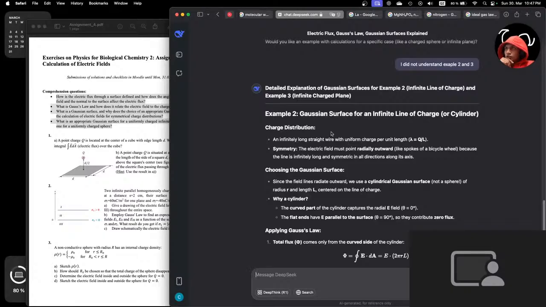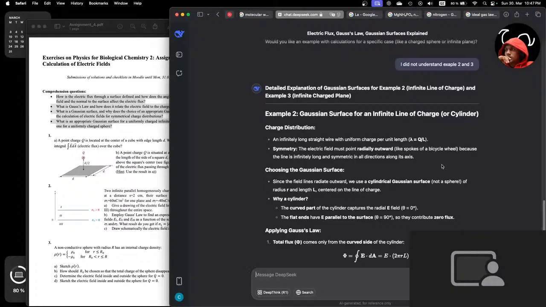So, a Gaussian surface for an infinite line of charge. So, the electric field is... infinite lines of charge distribution, an infinitely long straight wire with uniform charge per unit length. By symmetry, the electric field must point radially.